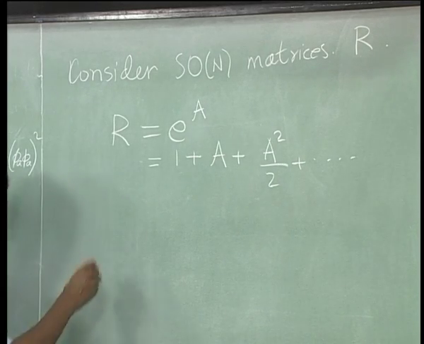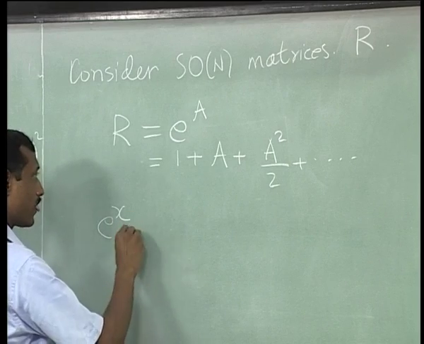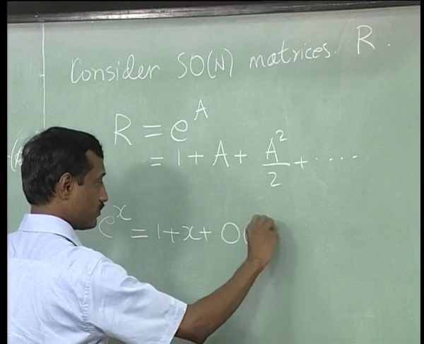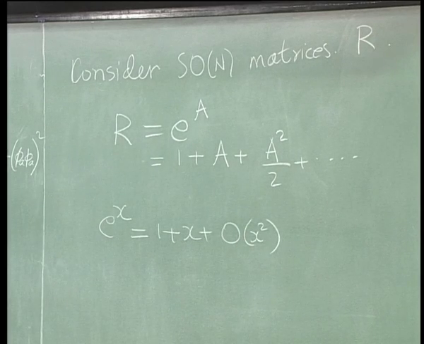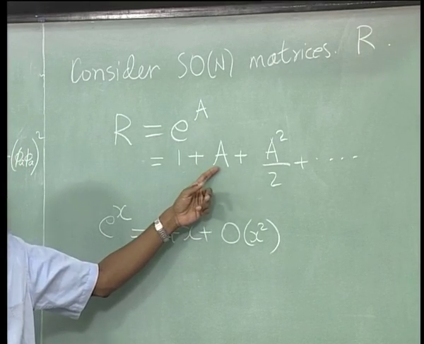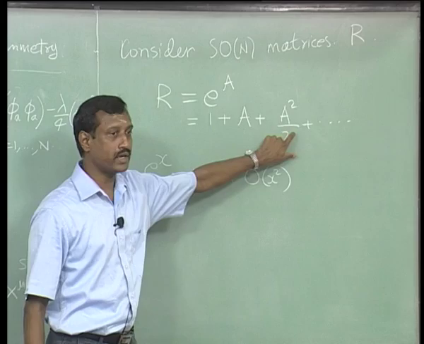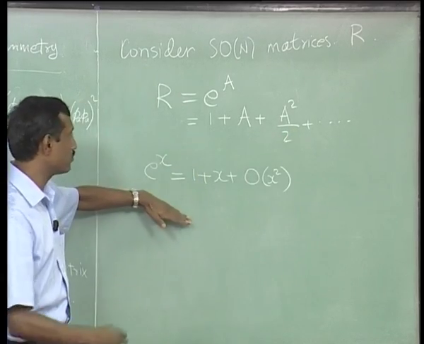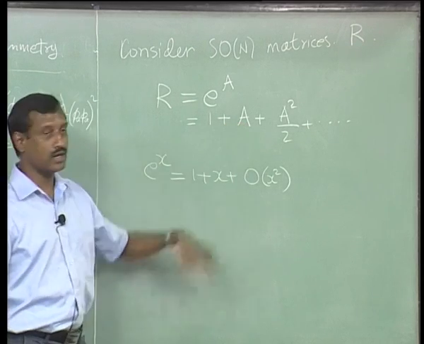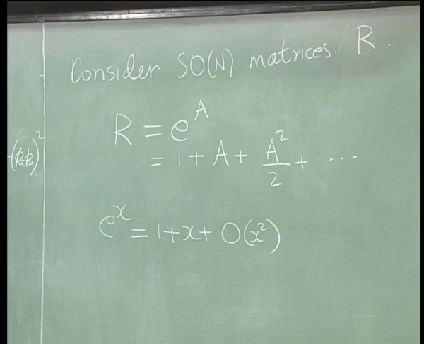So if you were doing an exponential e power x, okay, you would write it as 1 plus x plus order x square, and this is good when x is small compared to what, to 1, okay. So the same thing holds out here. You should think of this as being small, and you neglect this term. So I will just use a similar notation, but really what you should understand is that this A here will contain a bunch of parameters, and each parameter is taken to be small.